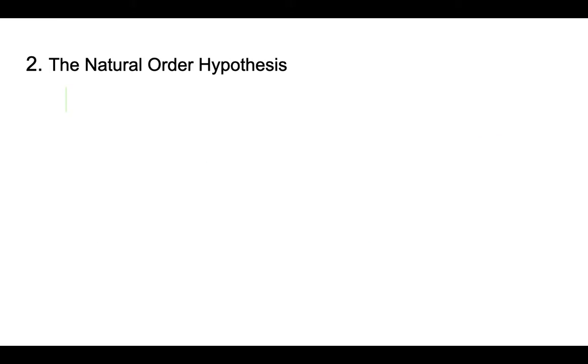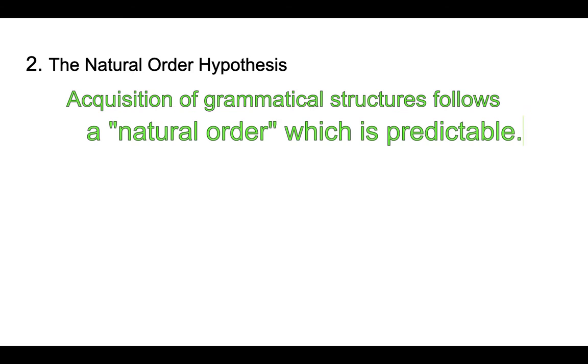The natural order hypothesis states that acquisition of grammatical structures follows a natural order, which is predictable. So once again, focusing on native speakers, kids start speaking in a way, and it was actually proved not only by Krashen, but by other teachers of language, that in many different languages, there is a natural order of acquisition by native speakers.